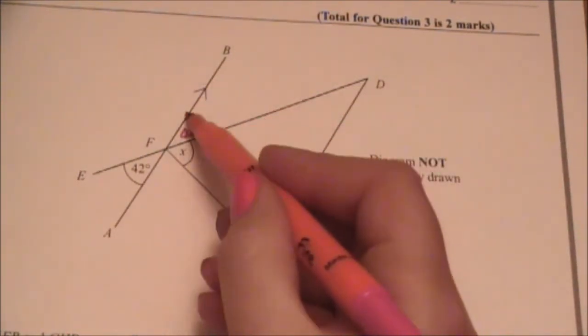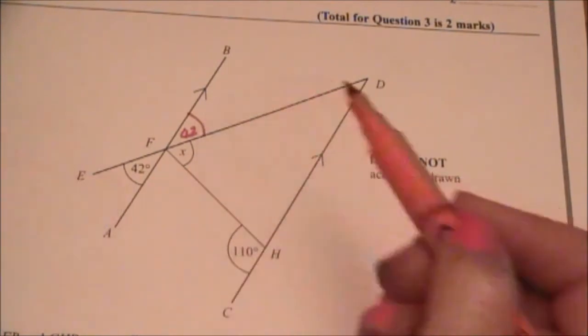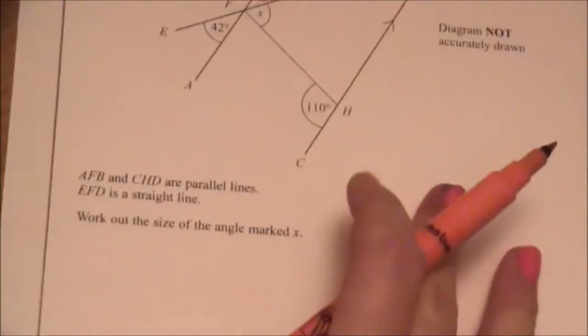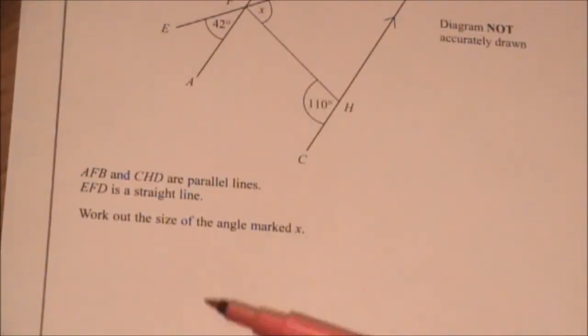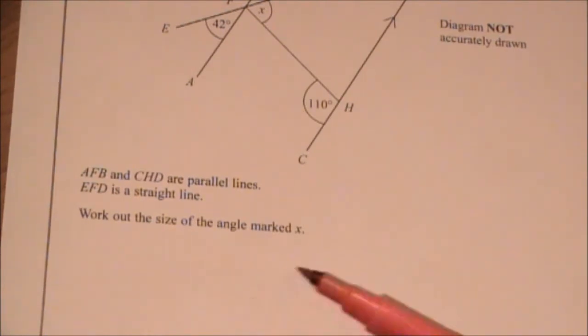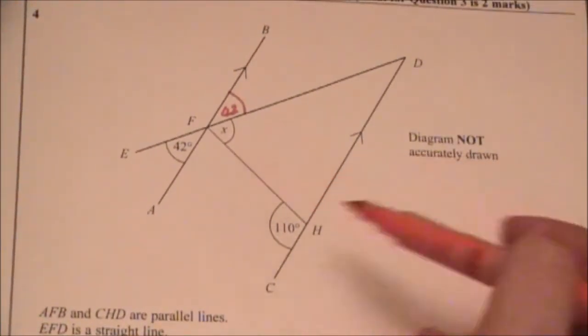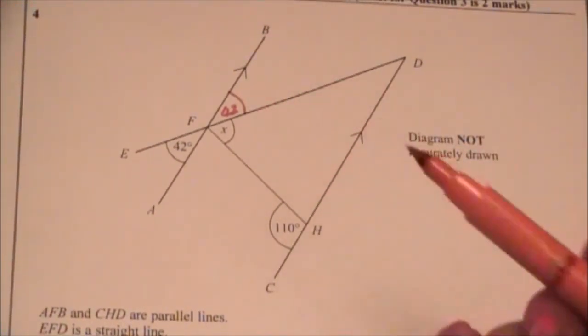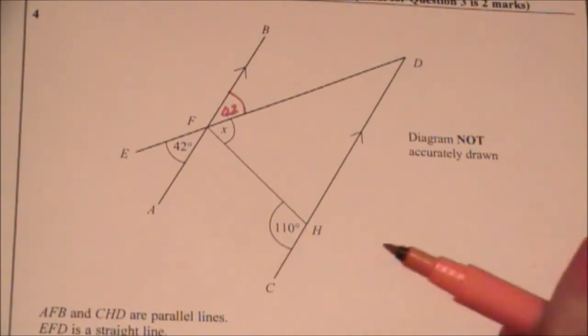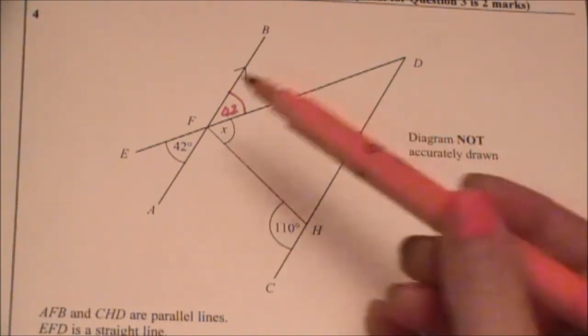Okay, so that angle there is opposite and 42. Now we're in quite a privileged position actually with this question, because usually they ask us to give reasons at every stage of our working out. They haven't asked for that. So we're only interested in the numbers, but I'm going to make sure I write everything on the diagram in case the examiner does want to question where I've got my answers from.